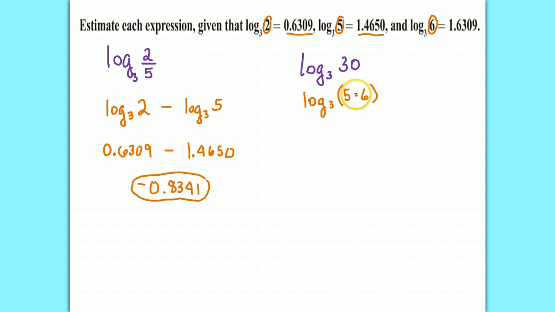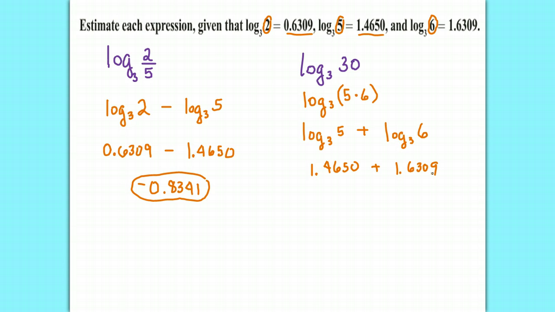And then remember that multiplication, if we want to expand this log, is the same as writing the logs with a plus sign in between, like that. And then substitute. So we'd have 1.4650 plus 1.6309.